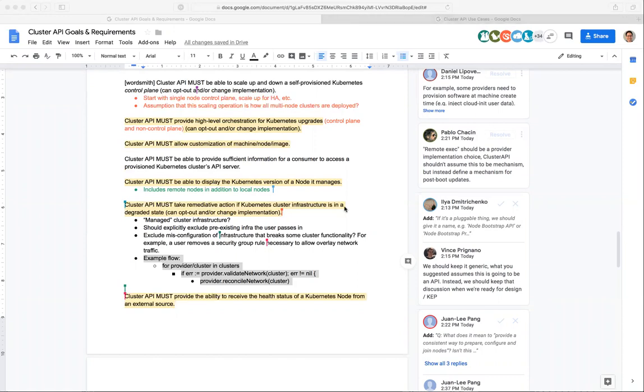Well, if we can get to a place where we have very loose generic APIs for cluster networks, cluster load balancers and whatnot, then it's broader than just nodes. And I do want to reiterate that this is not saying that cluster API is informed in any way about what firewall rules should exist, what network should exist. It's more the generic concept of networking and firewalls.